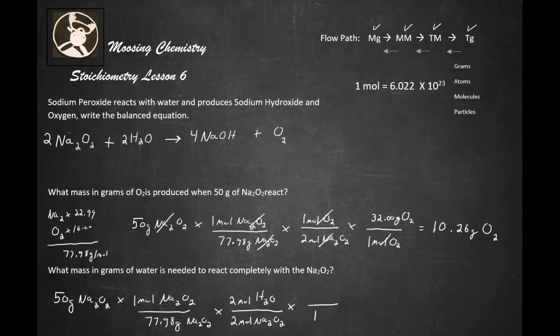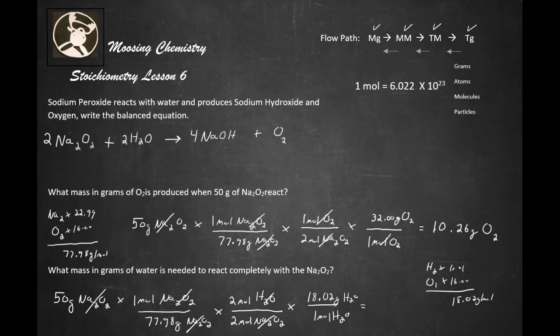And now we're going to need the molar mass of H2O, of course. So we can put that right over here, I guess. So we have H is 2 times 1.01. And of course, 1 for the oxygen is 16.00. When you add these up, you get 18.02 grams per mole for water. So that's what we're going to put here, 18.02 grams of H2O. And now we're going to do our math. So remember, this unit cancels that unit.